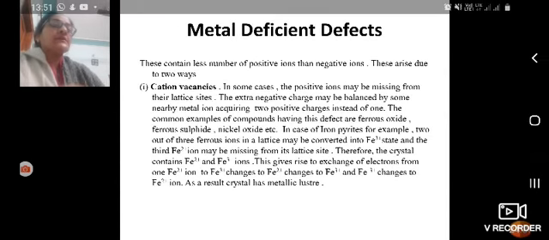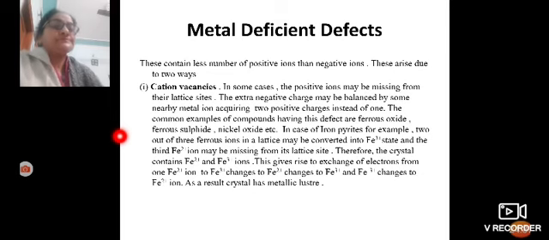Next is the metal deficient defects. These contain a smaller number of positive ions than negative ions. These arise in two ways. Number 1, cation vacancy. In some cases, the positive ion may be missing from its lattice site.